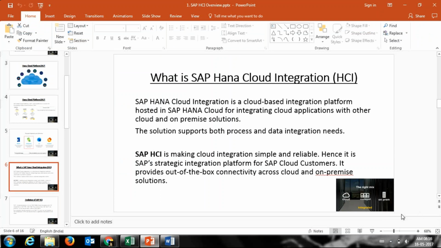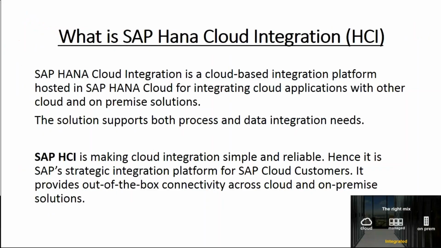Anyway, we will come back to where I left off yesterday. I gave you some introduction of HANA Cloud Integration. What exactly is HANA Cloud Integration? It is out of the box support for prepackaged content.